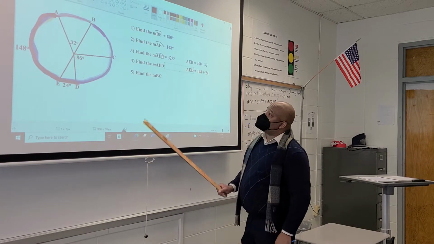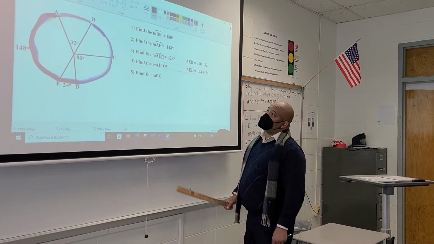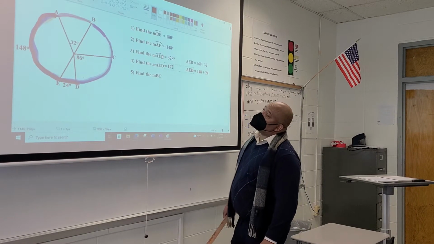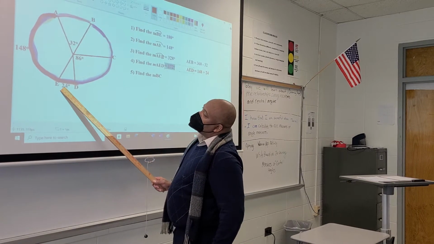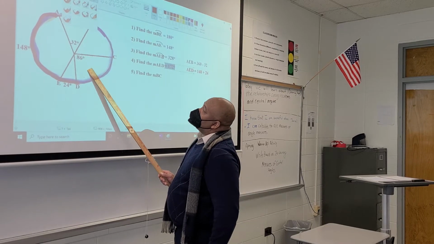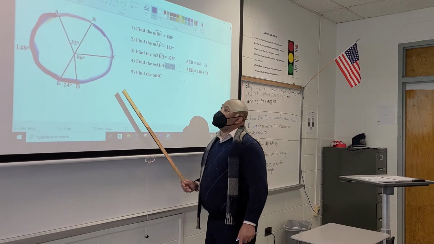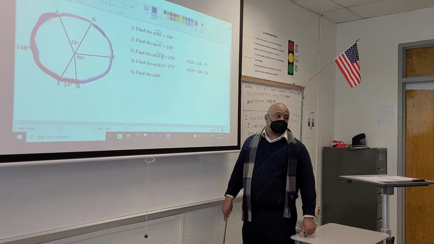And the last one, number 5, we're going to find arc BC. We already said that B and E divides the circle in half, so you're looking at this half of the circle. How would you figure out BC, the missing arc?